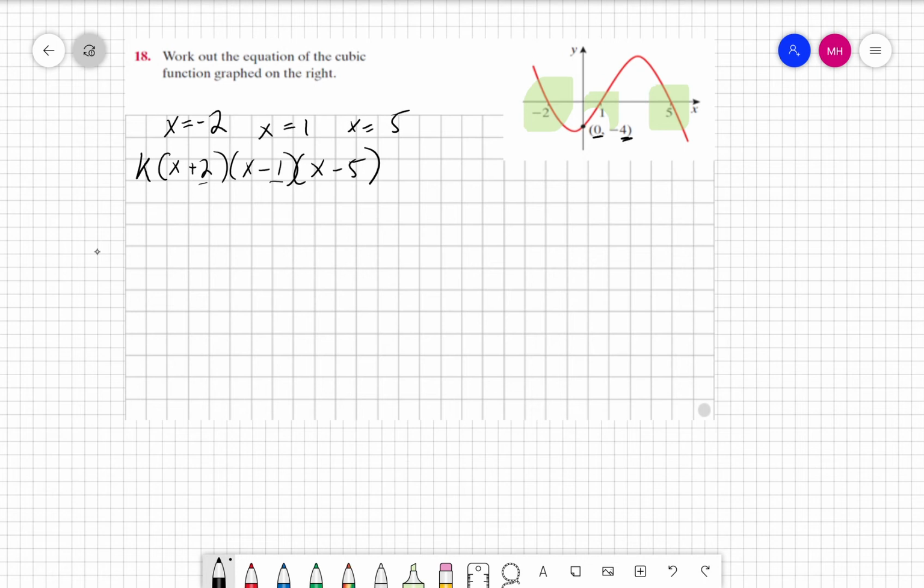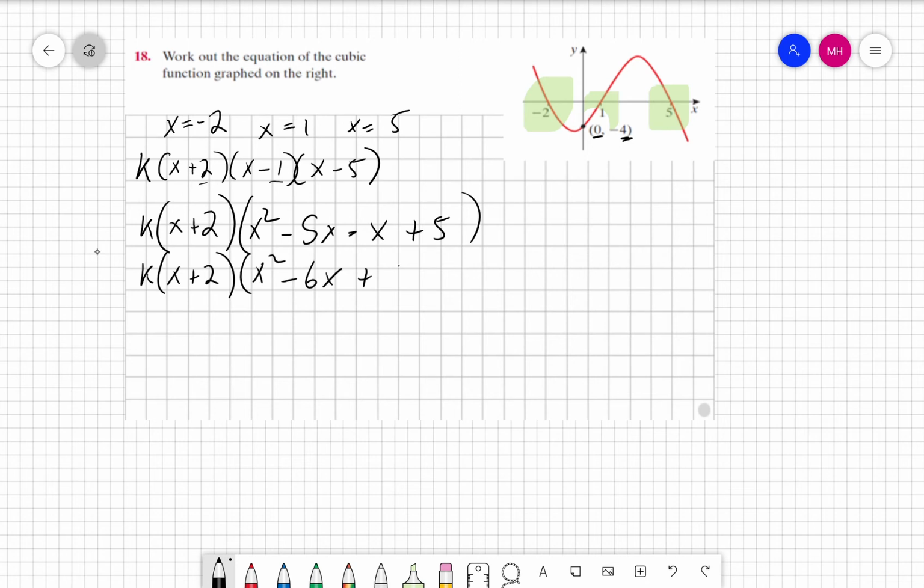Now listen, let's just park that for a second. If we were to multiply all this out, there's a lot quicker way to do the question, but this is probably the one that makes the most sense to people. So x squared minus 6x plus 5. Multiply that out, you're going to have your cubic function.